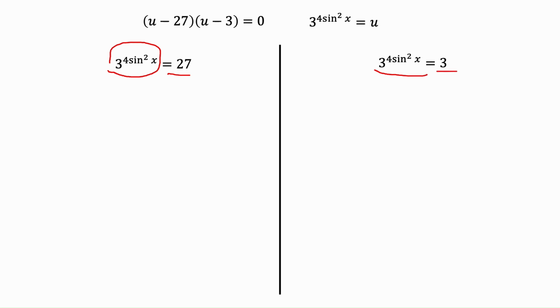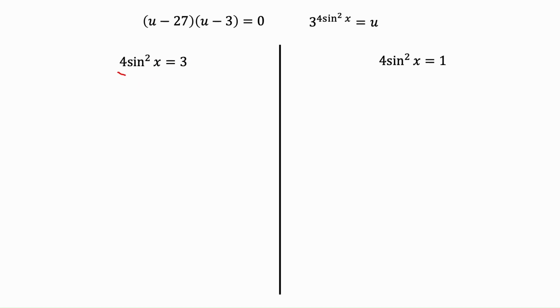One of them is 27 and the other one is 3. Let's go through each of them and see what x is going to be. So we want to simplify the equation. Because of that, we can write 27 as 3 to the power 3, and 3 is 3 to the power 1. So when both bases are 3 and equal to each other, the powers need to be equal to each other too.